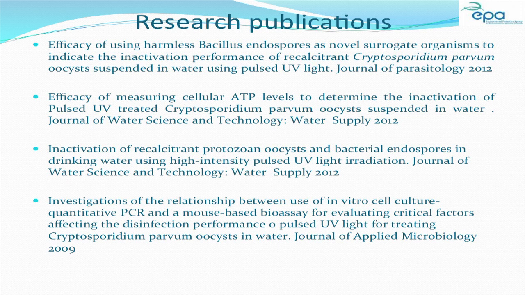We've also got a paper out on the inactivation of other protozoan or bacterial endospores and Cryptosporidium in the Journal of Water Supply. That was from my PhD, along with similar work using in vivo studies in mice and in vitro cell culture for the viability of Cryptosporidium.